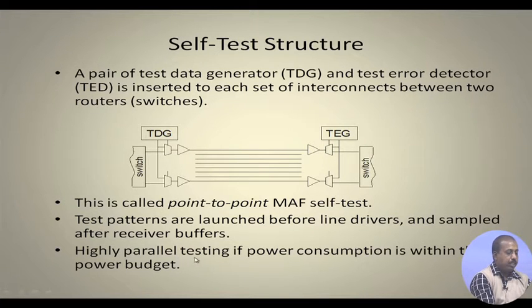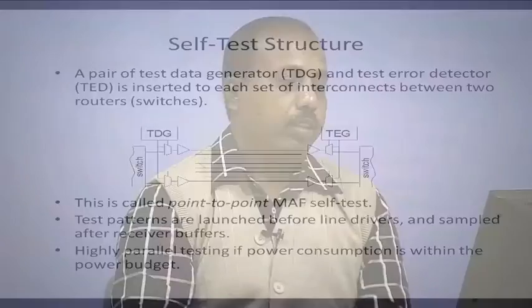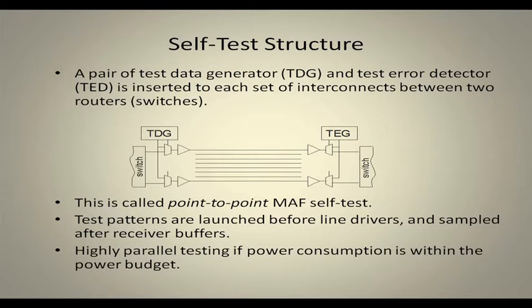Highly parallel testing is possible, because for every link we have this TDG TEG pair. So, all those tests can go in parallel. This is a huge parallelism that we can have, but of course, with the restriction that the link power consumption will go up significantly, and the TDG TEG will also consume power.